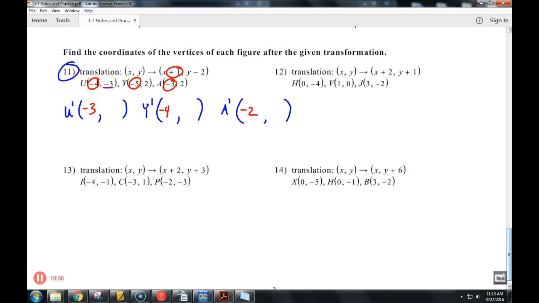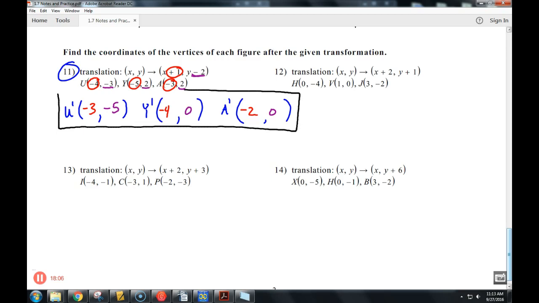Y started at -3, and I need to subtract 2. So a -3, take away 2 more, that's a -5. A Y value of 2, take away 2, well, that puts me at 0. And finally, another Y value of 2, subtract 2, takes me to 0 again. So I've now rewritten the coordinates.